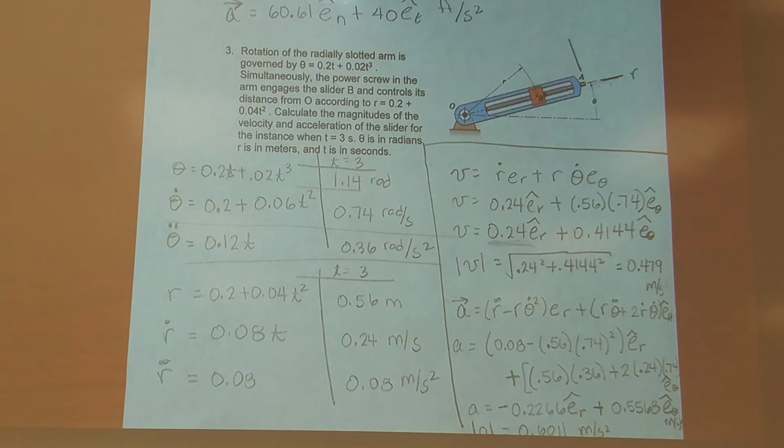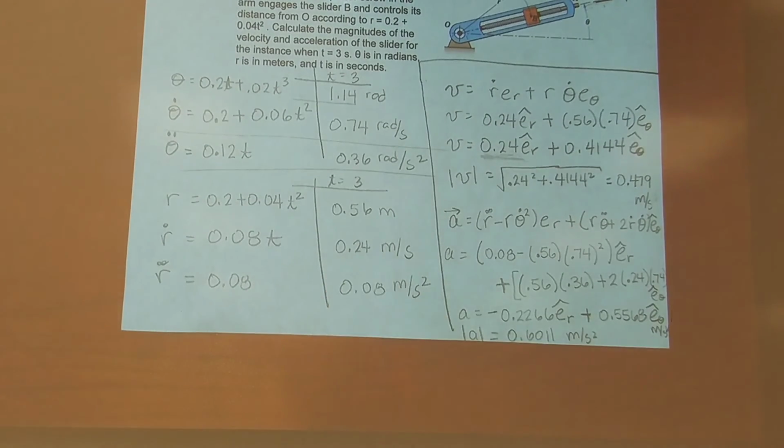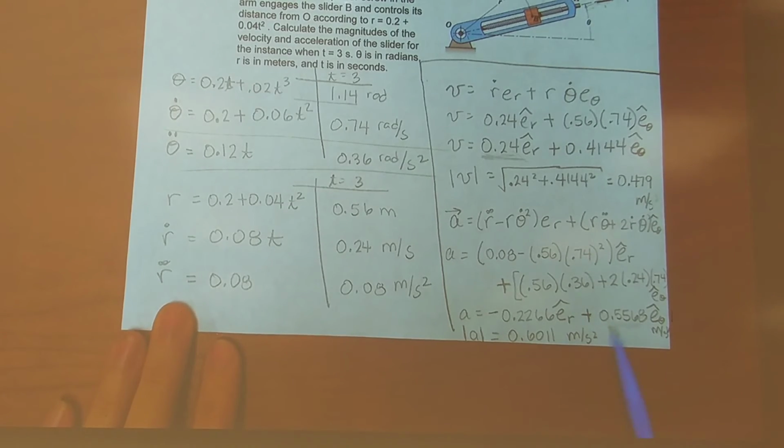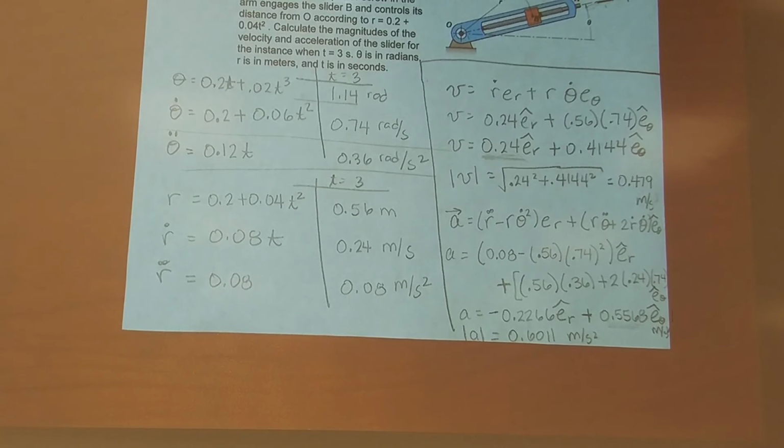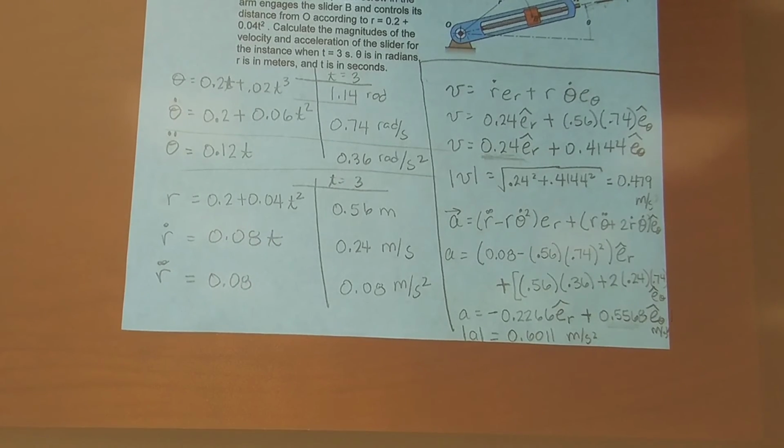So it's kind of moving out and then up. The acceleration is actually moving outward, but it's slowing down. So the acceleration is inward, that's what that negative means. And it's still accelerating in the transverse direction. So in those two directions, the acceleration is independent of each other. You can separate the two because their descriptions of their linear positions and angular positions were independent of each other.